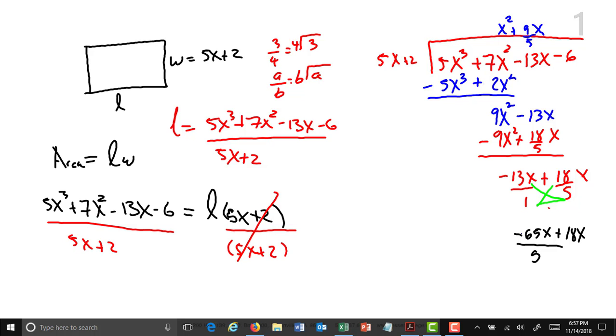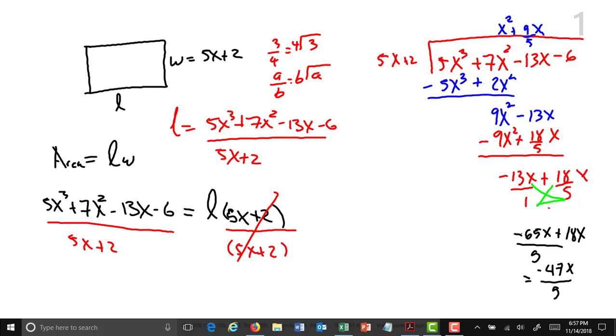Does that look right? 1 times 5 is 5. 5 times 13 is minus 65. And now we have 18. If that were 20, that would be minus 45. But I have to give 2 more, so it's minus 47x over 5. That's what all this equals.